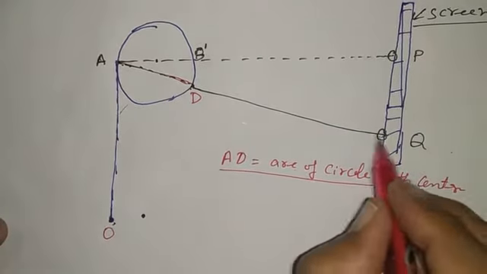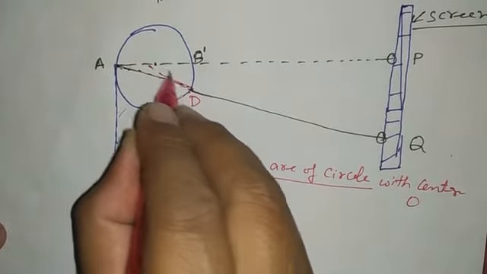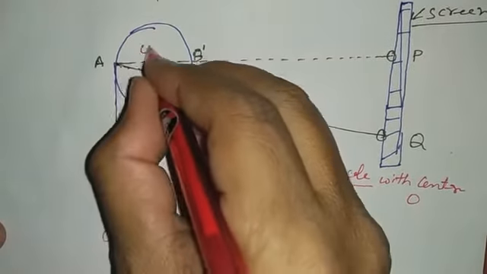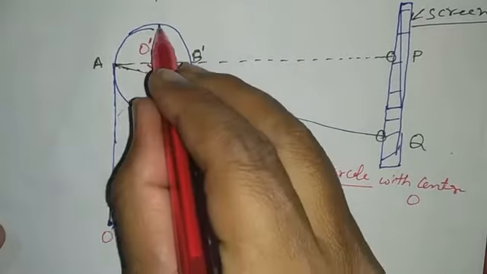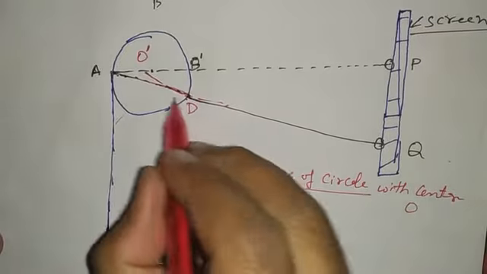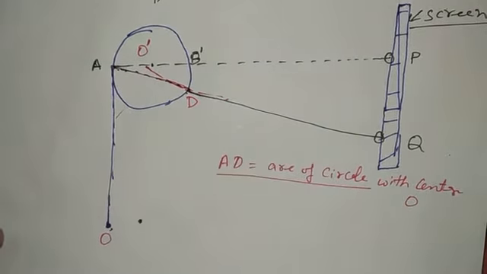Now see, when we proceed backward, let this point be O dash. O dash is the center of it. So the tangent always moves straight. Now join it.